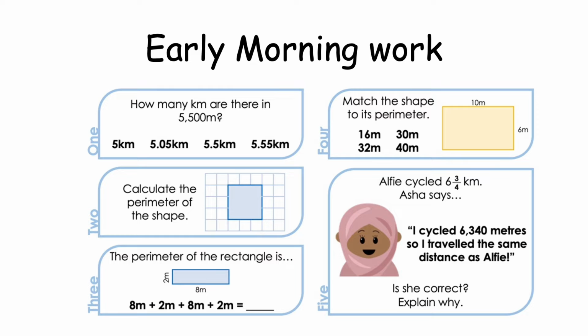Well, she is not correct because I worked out 6 3/4 kilometres is 6,750 metres. So Asher did 6,340 metres. So 6,750 is more than 6,340. Okay then. So I hope you did really well on those 5 questions.